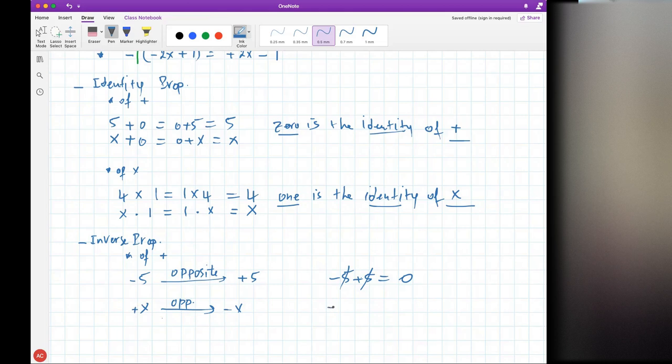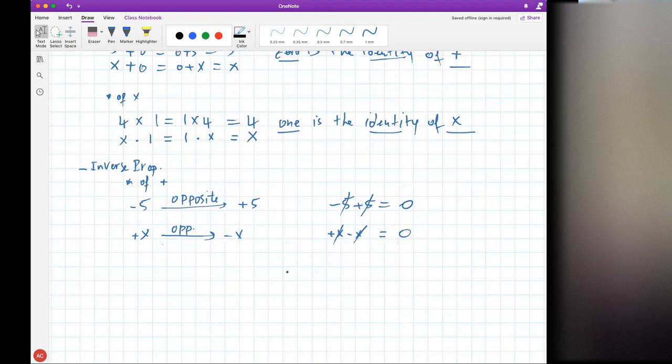And of course, if you combine any real number x with its opposite, the result again would be 0. Same letter, same value, but the signs are opposite. They cancel each other out. So when you simplify something, just cross them out, they're gone, and you move on to the next thing to simplify. That's what we mean by the inverse property of addition, just combining a number and its opposite.